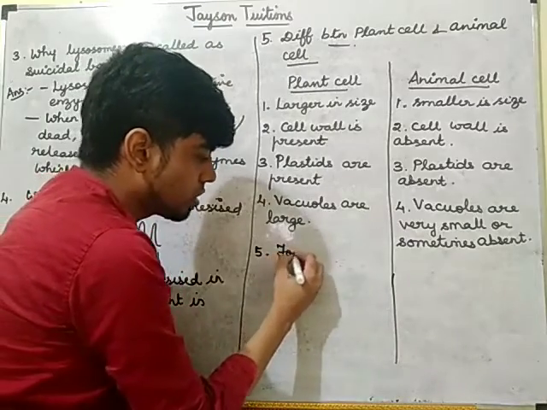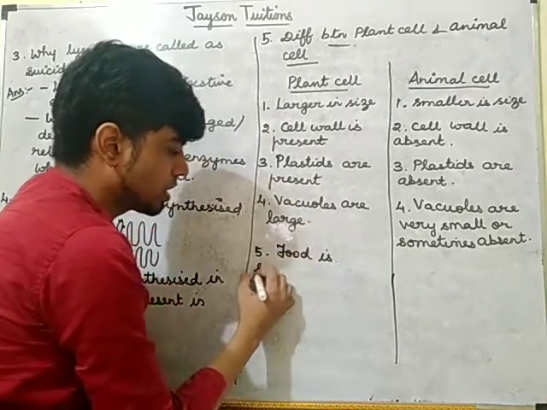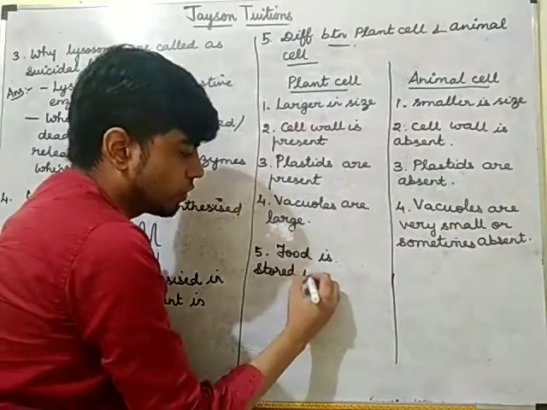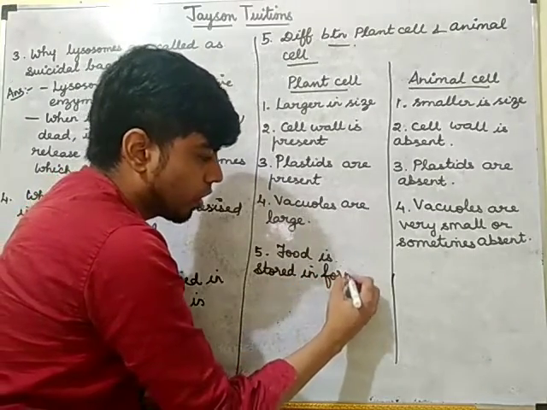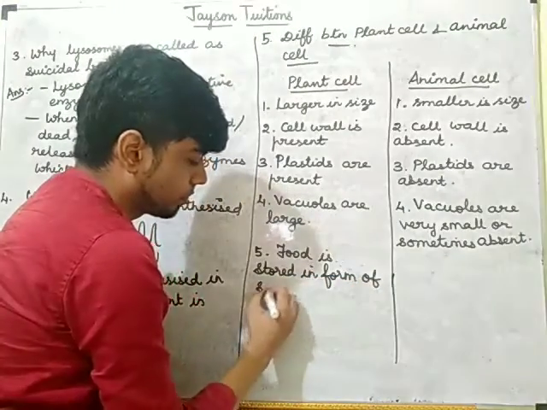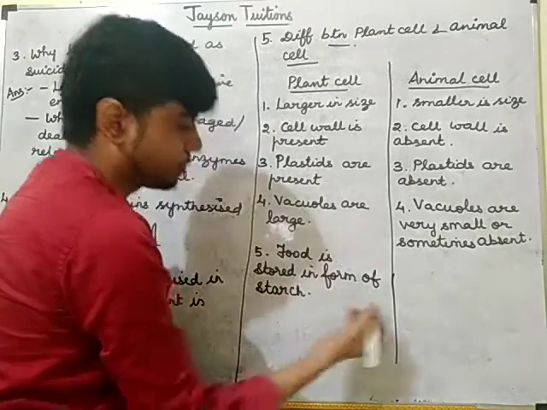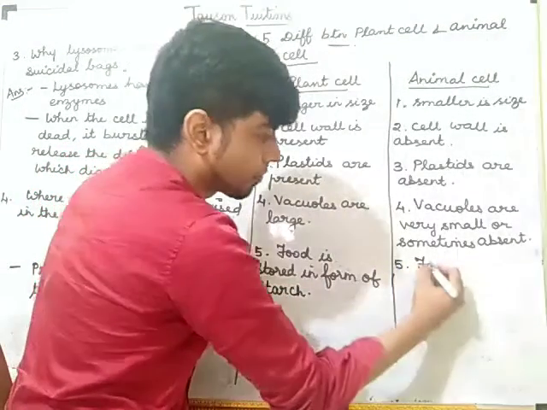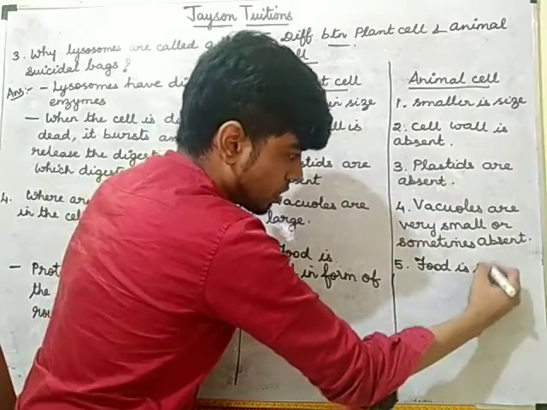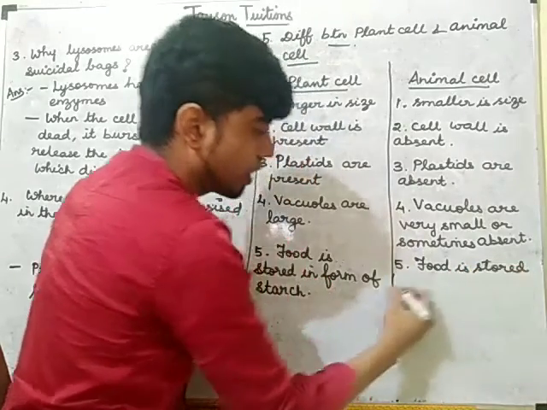In plant cells food is stored in the form of starch. In animal cells food is stored in the form of glycogen.